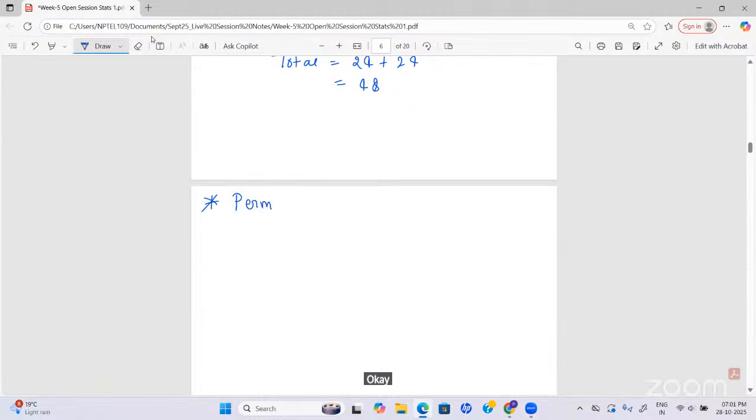Okay. So there are a few more formulas of permutation where you will see that the objects are not distinct. In that case, how can we arrange and select?